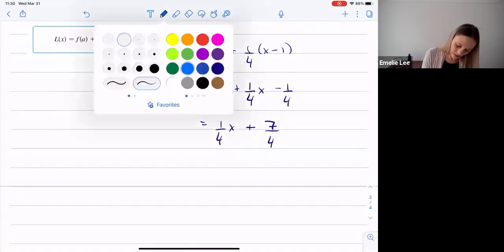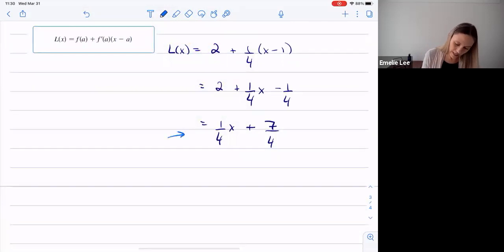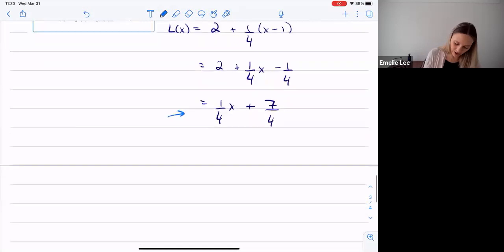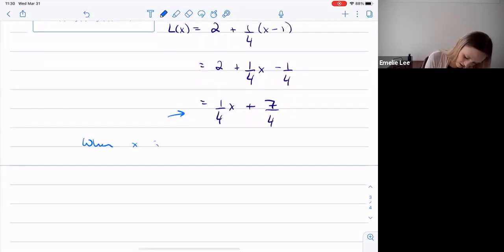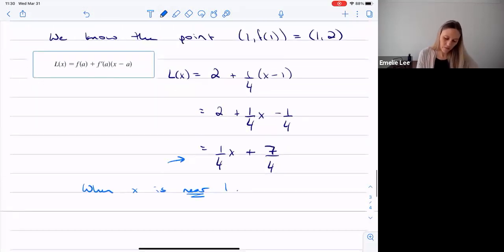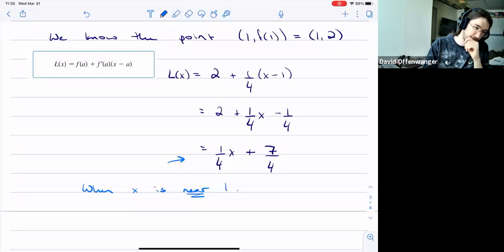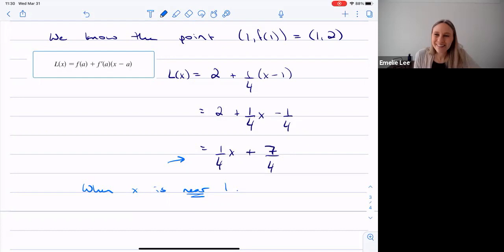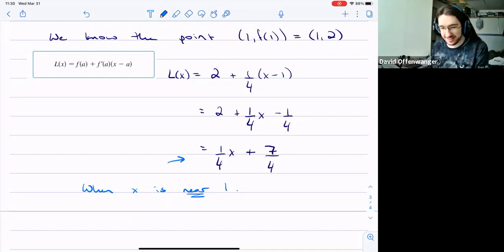Okay. This is only true when x is near 1, right? Because that's what we've been hinging all this on. So when x is near 1, you're saying it's like the limit as x approaches 1?